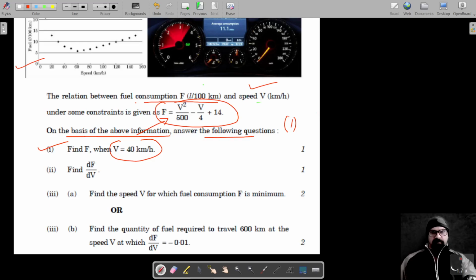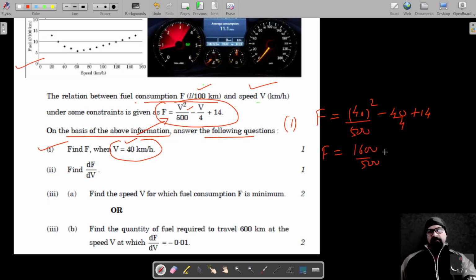For the first one, we have to find the fuel consumption, which will be in liters for every 100 kilometers. So let's put in the value of v. V is 40, so this is 40 square by 500 minus 40 by 4 plus 14. 40 square is 1600 divided by 500, which is 16 by 5. Minus 10 plus 14 is plus 4.